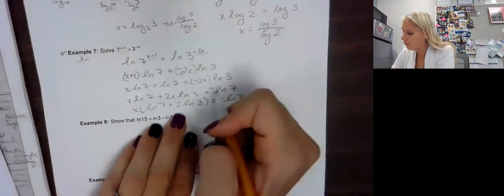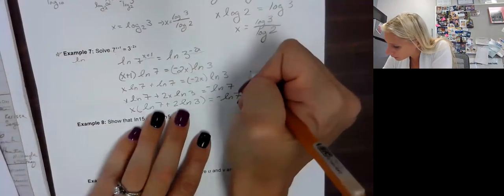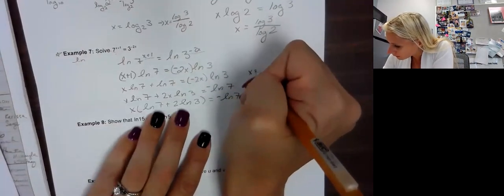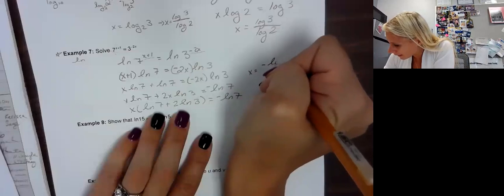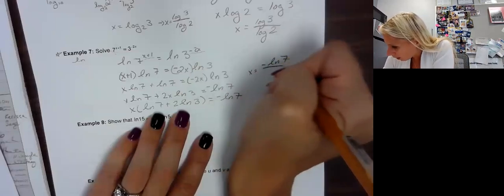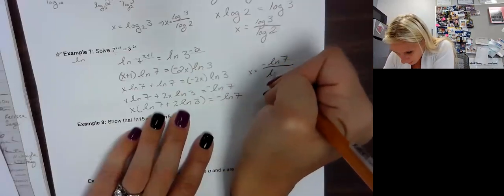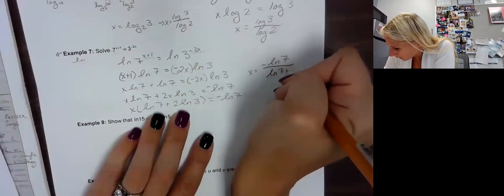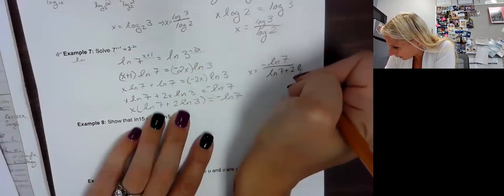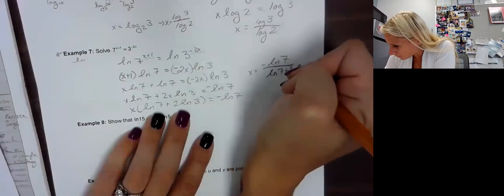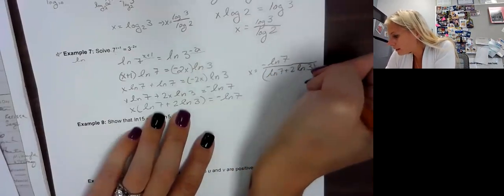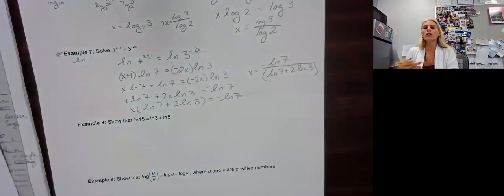Okay, and now if we want, all we have to do is divide. So I get x equals negative ln 7 all over ln 7 plus 2 ln 3. And we're in ln's, so it makes it easier to be able to put it in our calculator.